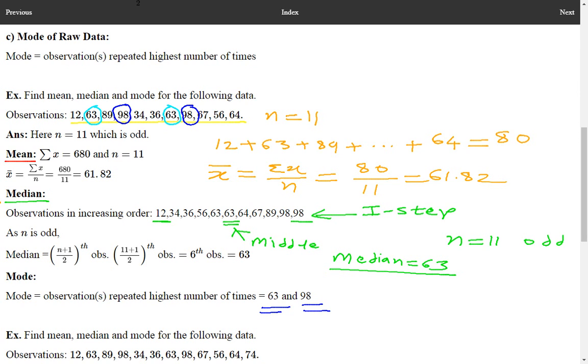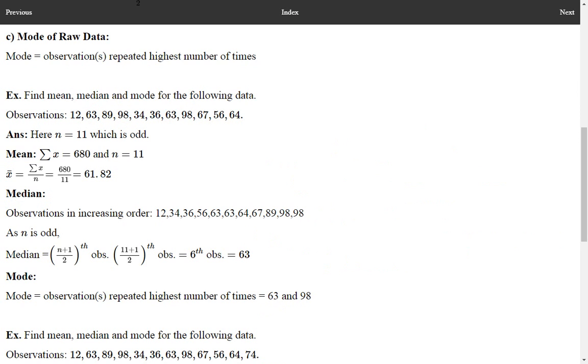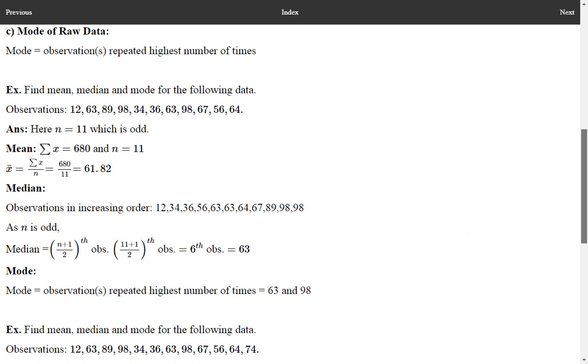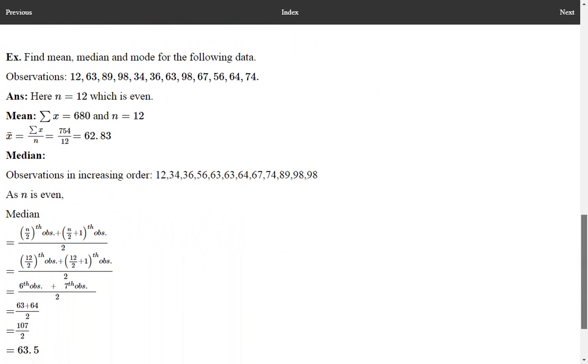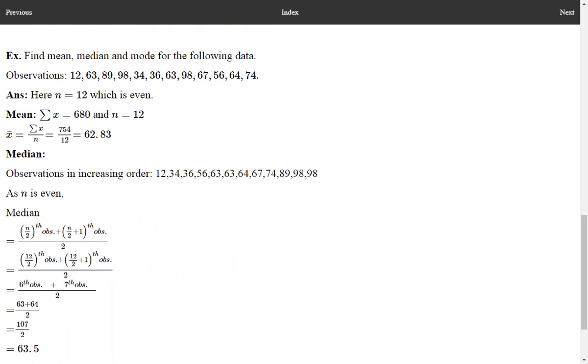Okay. So this is how we can find mean, median and mode for raw data. Let us see a second example of mean, median and mode. In this case, the data is simply a list of observations.